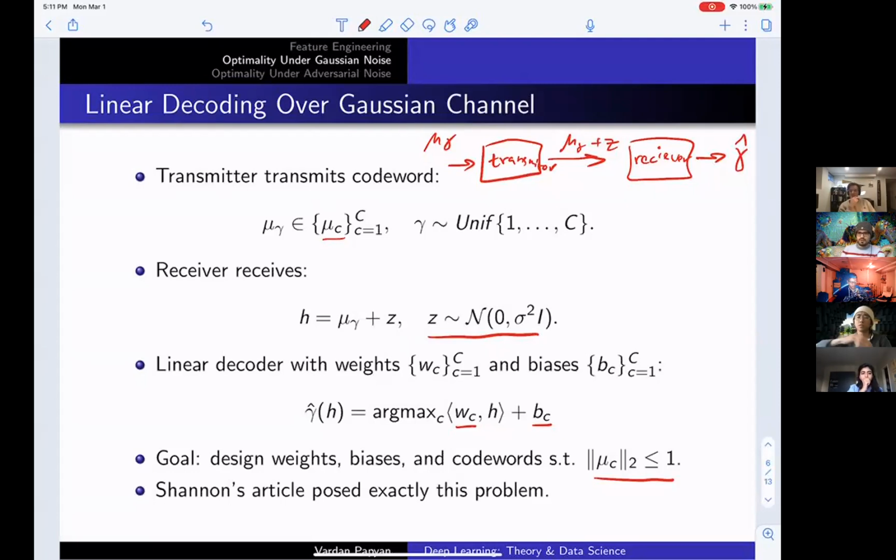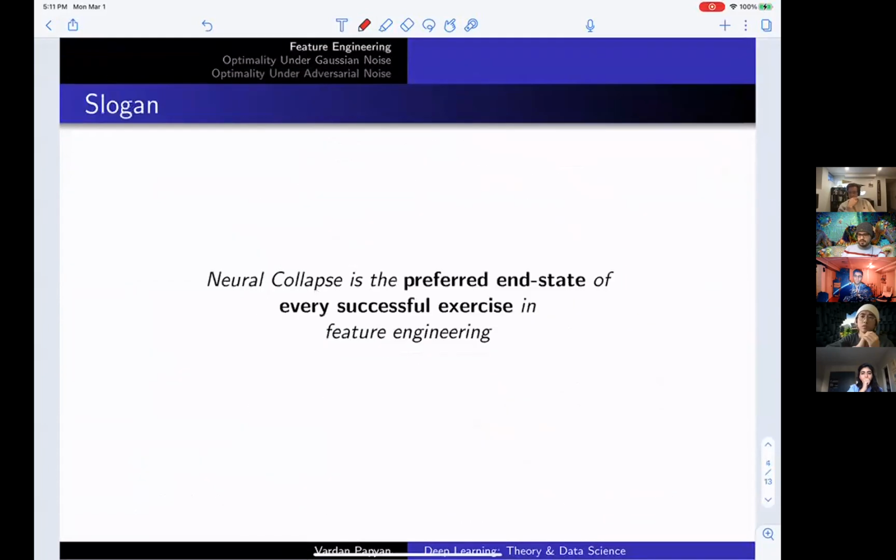Okay, so the question is, we saw that neural collapse emerges in different feature engineering exercises. When you train a network, you get neural collapse, right? And the question is, why does neural collapse emerge? Can you give a reasonable explanation?